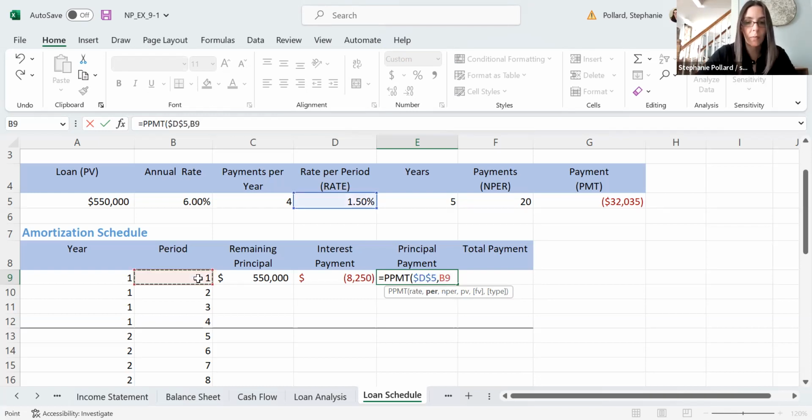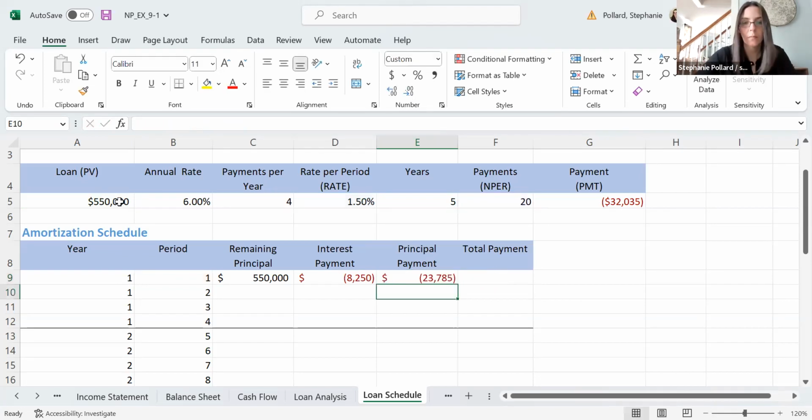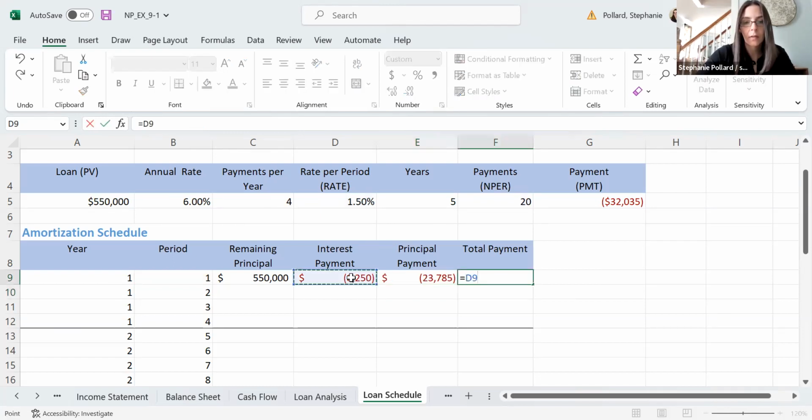I'm still in period 1. I'm going to fix my total number of payments. And I'm going to fix my present value of 550,000. And then I can add these two cells together to get the total payment that I'm making.